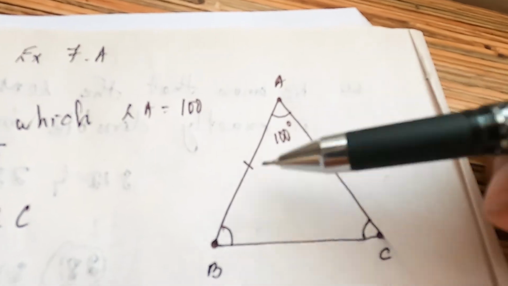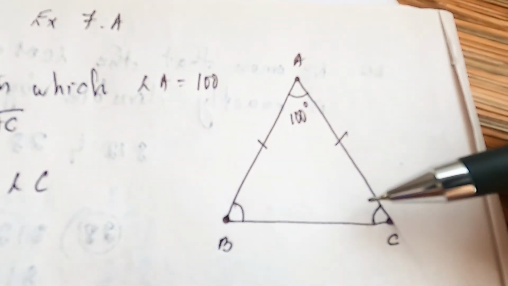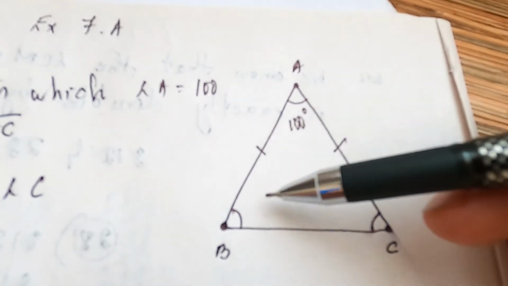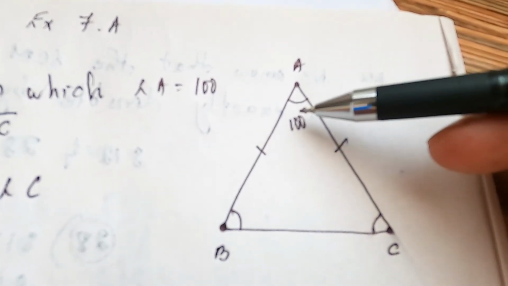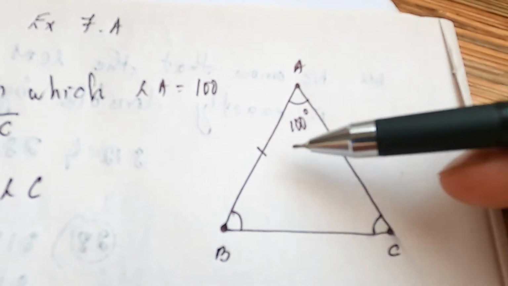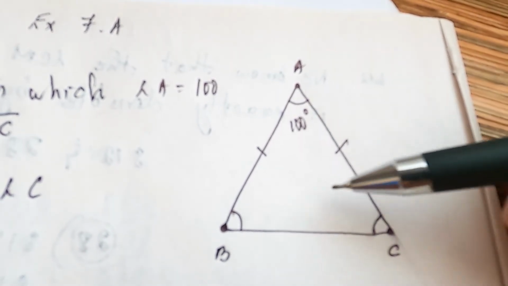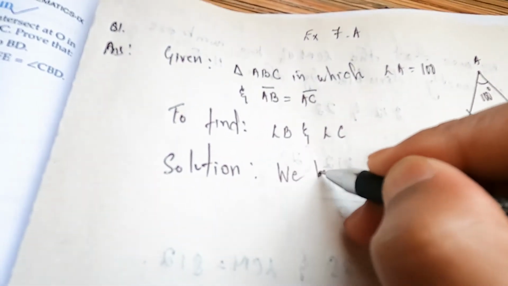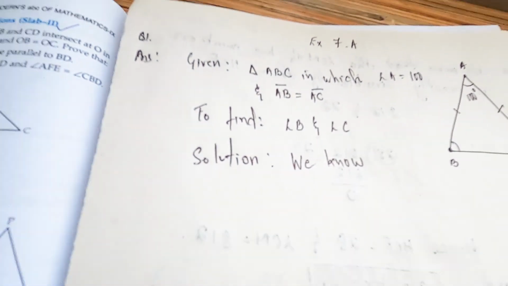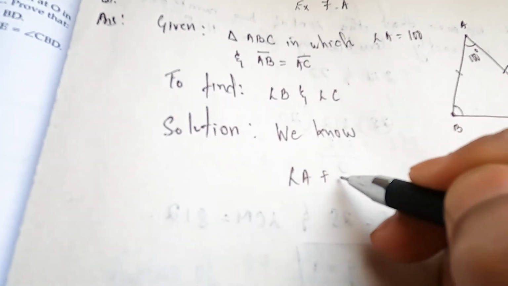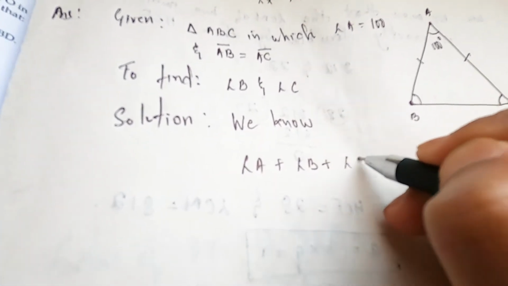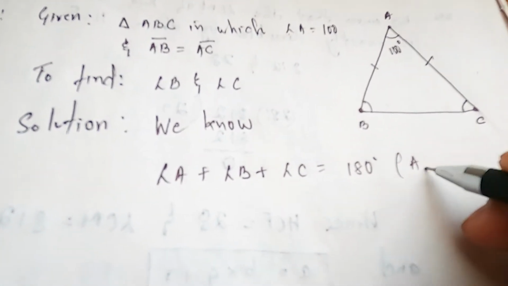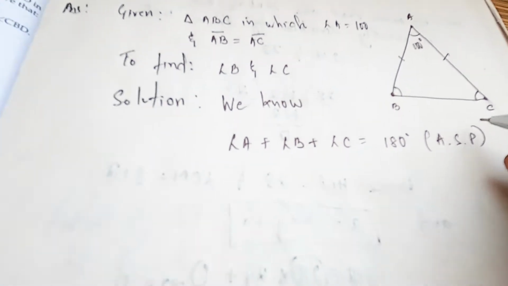How will we find the measurement of angle B and angle C? In this case we will use the angle sum property. The sum of all three interior angles of a triangle will be equal to how much? 180. So in the solution, you write: we know angle A plus angle B plus angle C is equal to 180 degrees. The reason is the angle sum property.